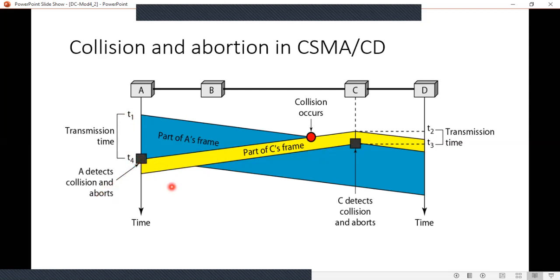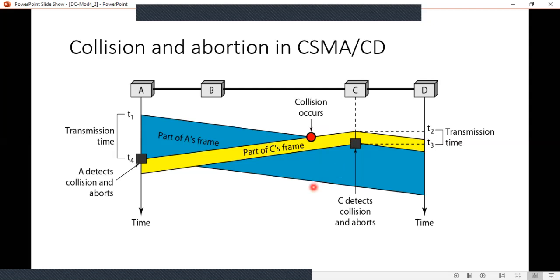Now for CSMA/CD, that is with collision detection, to work we need to restrict the frame size to avoid collision. Before sending the last bit of each frame, the station should detect a collision, if any, and abort it.